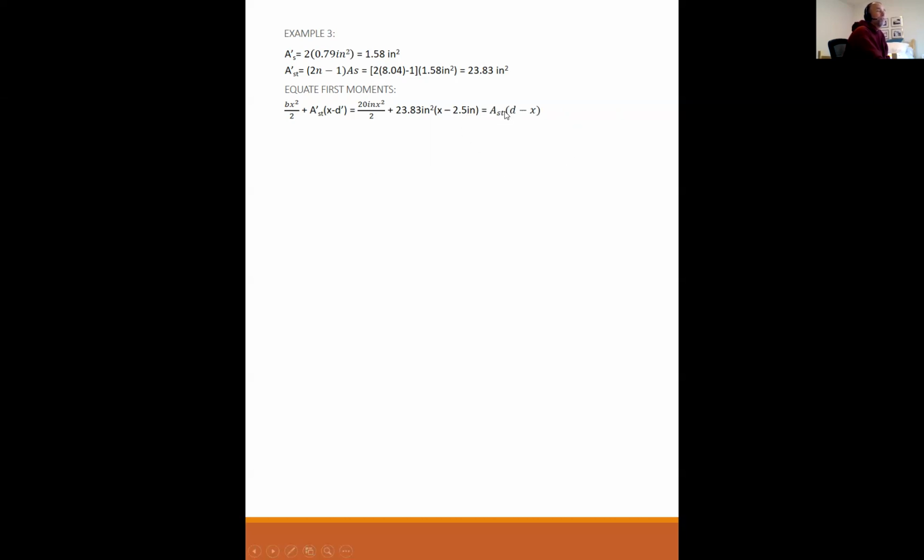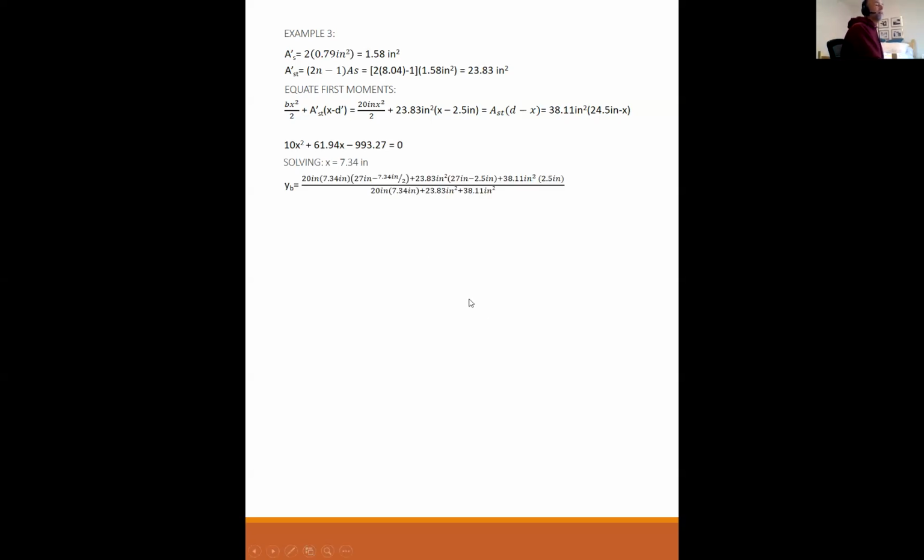All of this equals the flexural, or the tension side, which is the transformed area of steel times d minus x as the moment arm. I plug in my 38.11 times 24.5 inches minus x, and I get a quadratic. 10x squared plus 61.94x minus 993.27 equals 0. Solving, you get 2 roots, one negative, one positive. The positive root is 7.34 inches.